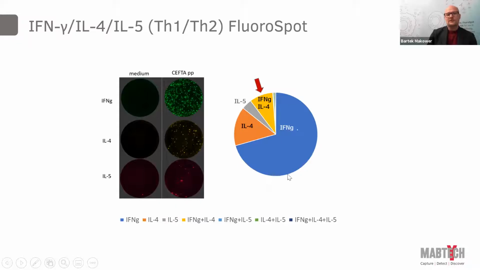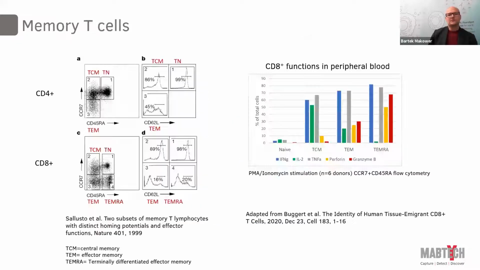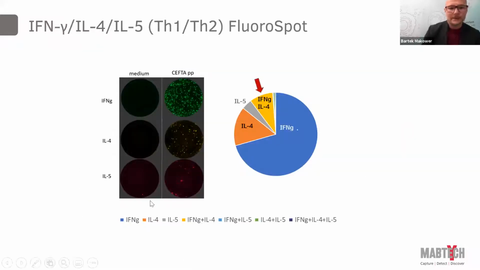But looking at all the populations, we can see a significant population with interferon gamma IL-4 producing cells, which according to the dogma should not exist. We don't see a population of IL-4 plus IL-5 producing cells. So that means that even though both IL-4 and IL-5 are Th2 cells, there may be subpopulations even within Th2 cells which have quite different functions. So IL-4 and IL-5 have very different functions on other immune cells.